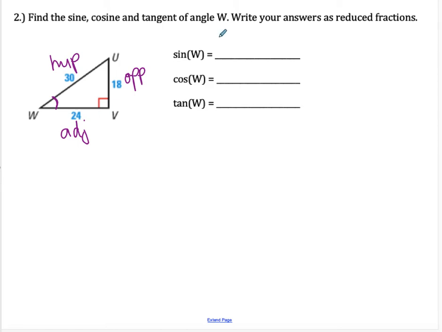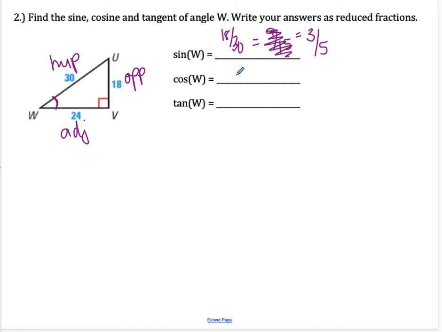On number 2? I think you were looking at number 1. Oh, yeah, 18 over 30. Okay, thank you. Good. And does that reduce? Yeah, 9 over 15? Oh, I think it even goes lower. 6 goes into there, 3/5. All right, 3/5.